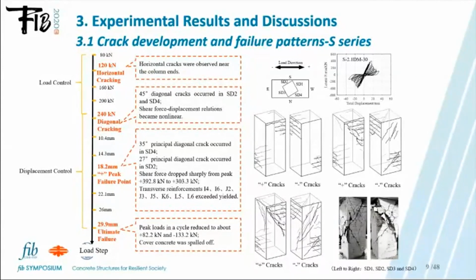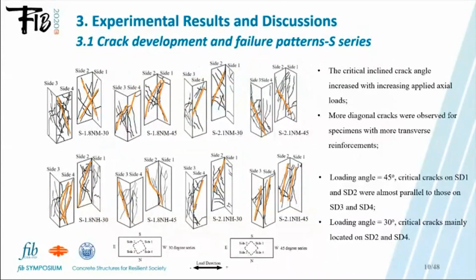During cycles close to the peak strength, several previously formed inclined cracks connected together, and a steep diagonal crack formed. After that, the shear resistance began to degrade, and continued cycling caused the inclined cracks to widen, and the cover concrete began to spall.